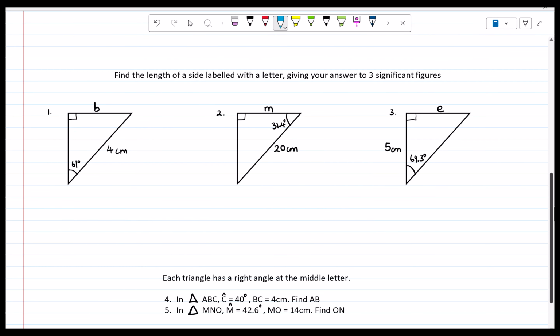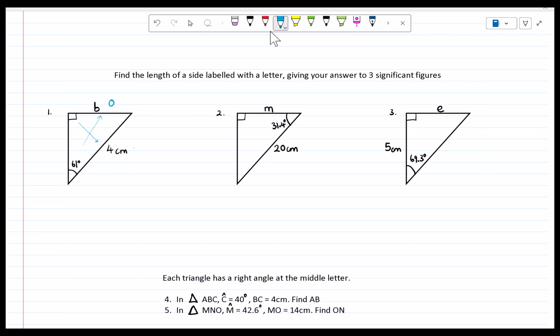Number one, we have a right-angled triangle with the angle 61 degrees and a side of 4 centimeters. The first thing to do is to always label the sides so that you know which function you are going to use. We have the angle 61, and the side opposite the angle is known as the opposite.